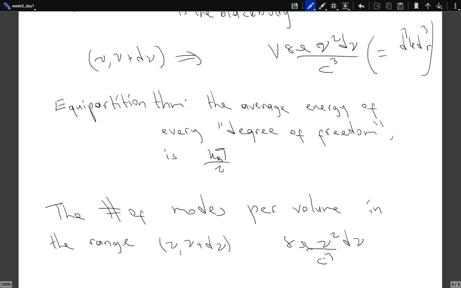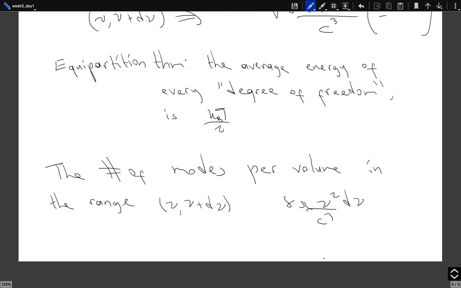This is the number of modes. Well, how many degrees of freedom does each one of the modes have? When you want to determine the degrees of freedom, you just write down the energy. The energy of the electromagnetic radiation is some constant times the electric field squared minus some other constant times the magnetic field squared. No, plus.